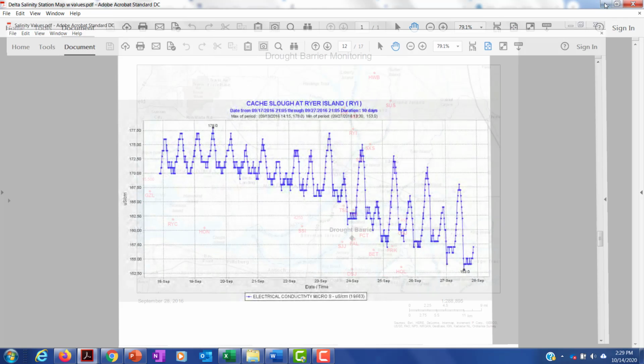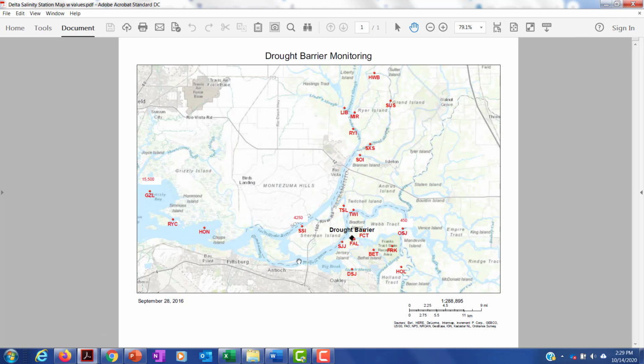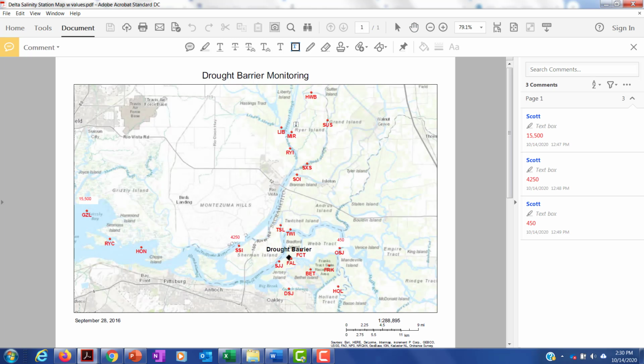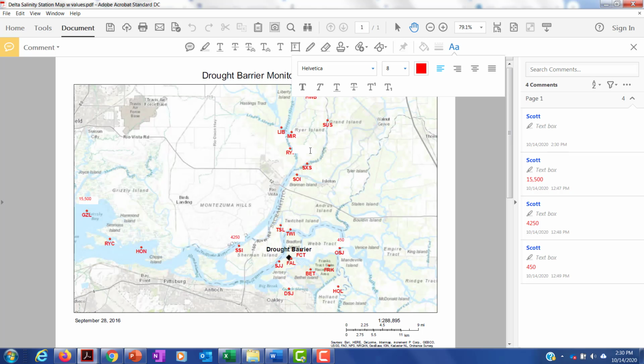So that's RYI. So you find RYI on here and plot that value. Here it is. RYI is 162. I like to use Acrobat here, so you can do a comment and put in a text box and say RYI is 162. So that's step 1. I already plotted Grizzly Island.